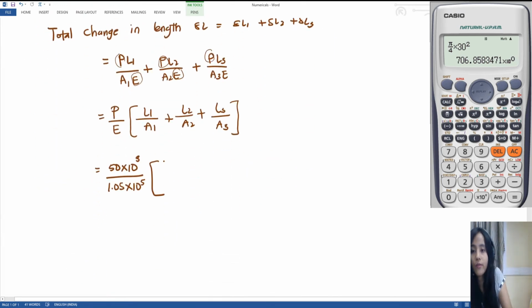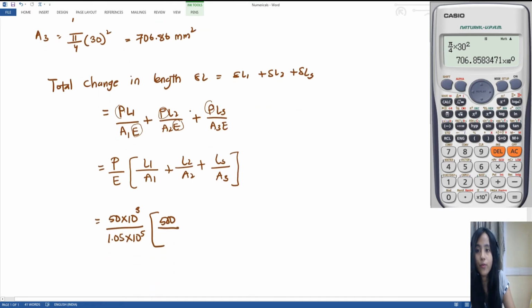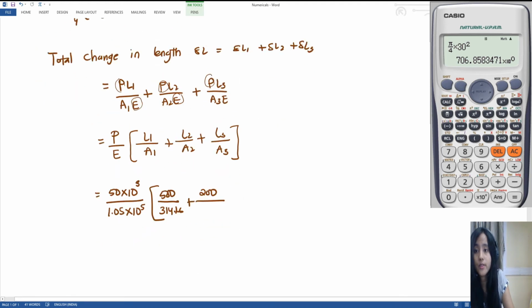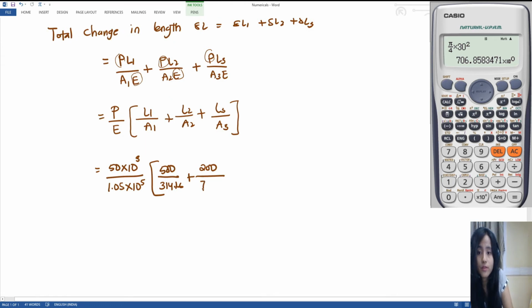So we have 500 divided by area A1, which was 314.16, plus 200 divided by area 2, which was 78.54, plus 800 divided by area 3, which is 706.86. So let us find how much it comes.